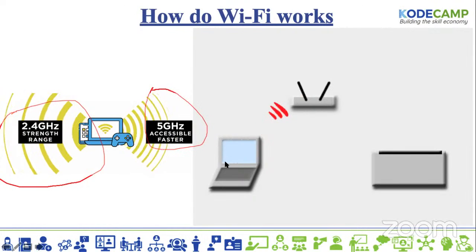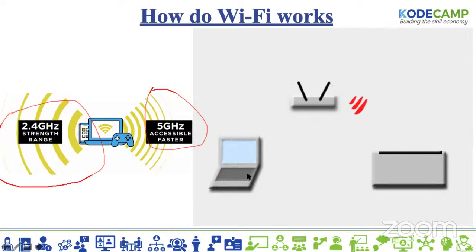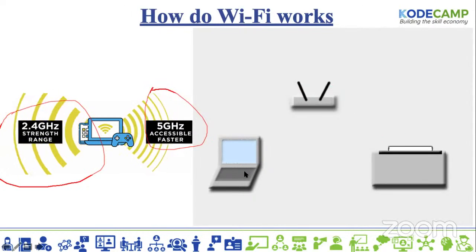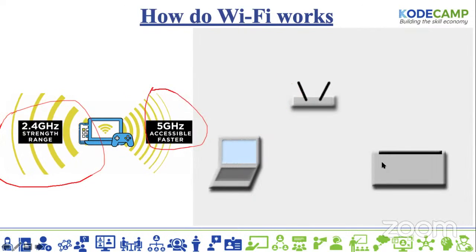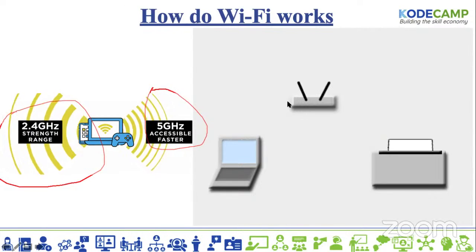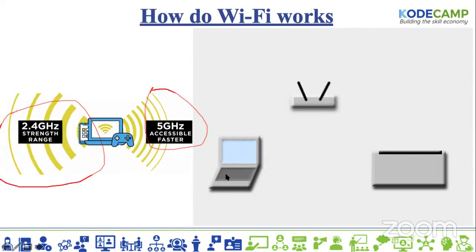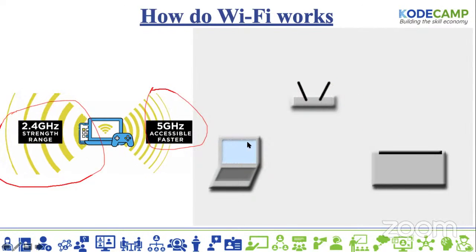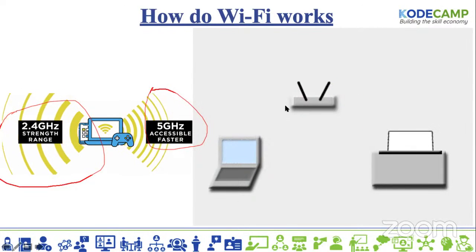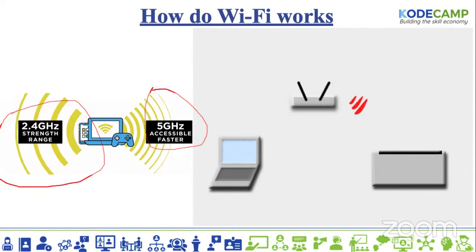Now look at this other picture. This is a computer now. This computer wants to send data to this printer for this printer to print. This printer is connected to a router, so they are in the same network. What happens is that the computer sends information to the router. The router picks that information and translates it into a series of ones and zeros.